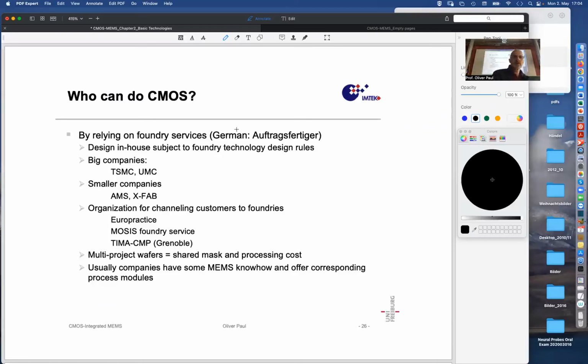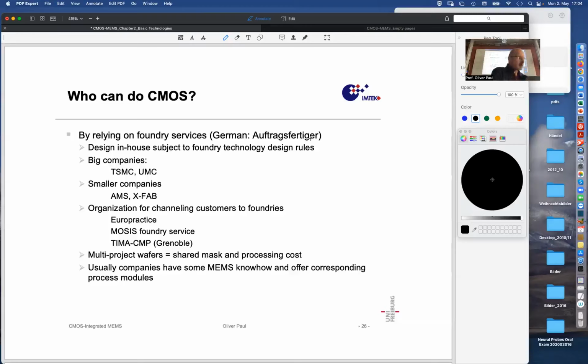Foundry. In German, this is called Auftragsfertiger. A foundry is also a place where metal is melted, I think. So those are also foundries, but this has nothing to do with metal melting. I don't know where the name comes from.